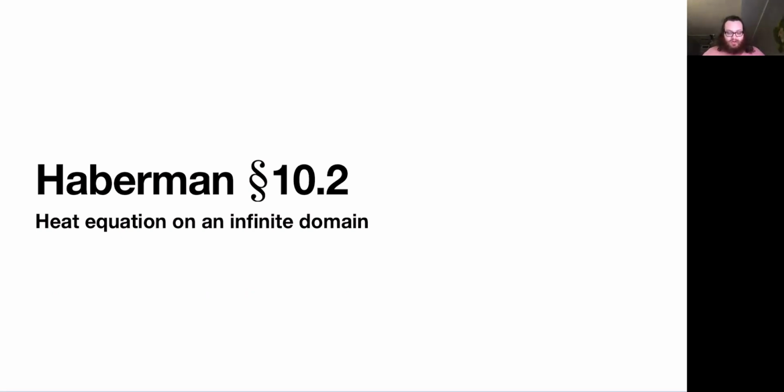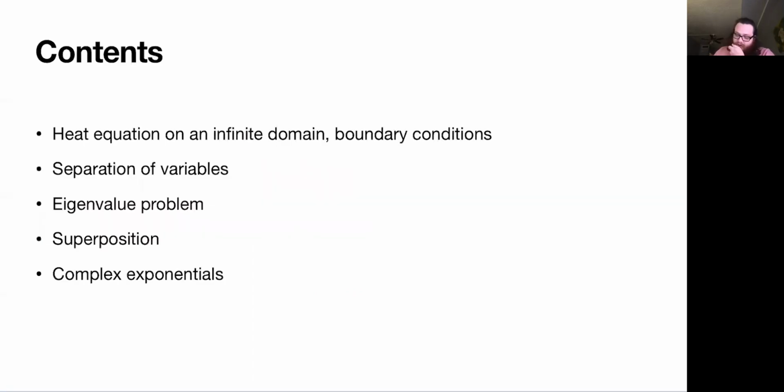So in this section, we're going to start a discussion by looking at the heat equation on an infinite domain. This is going to let us set up some of the building blocks around what Fourier series and Fourier analysis look like for infinite intervals. First, we'll set up what the heat equation looks like on an infinite domain, as well as a short discussion of the boundary conditions.